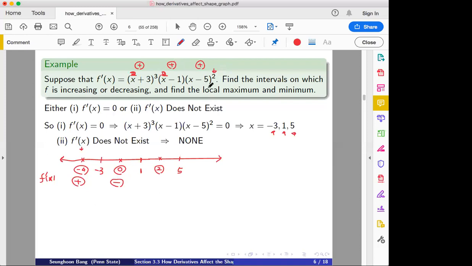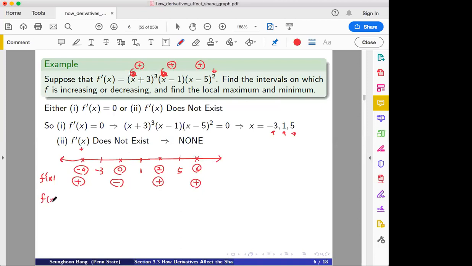You don't need to check the last one, since an even power is always positive. So this is positive. Next, choose a number on the right-hand side, like 6. Plug 6 into x. Positive, positive, positive. This is also positive.